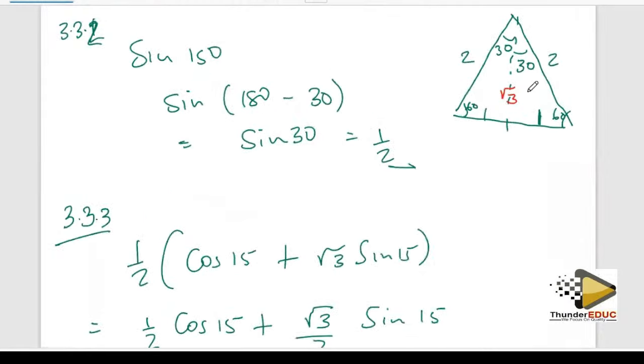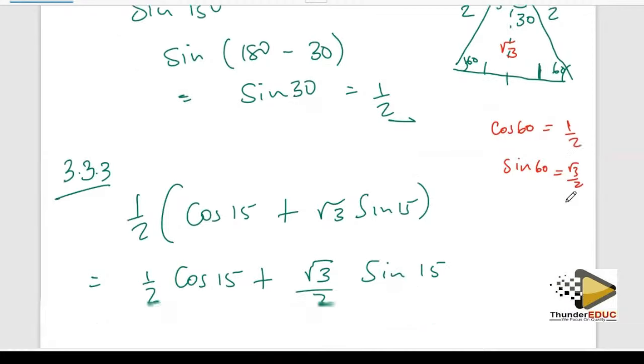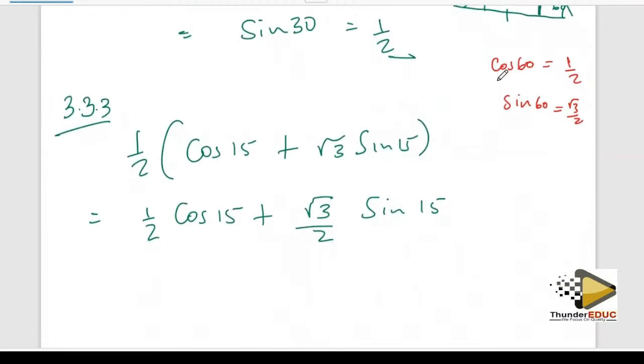If this is a root 3, I know that root 3 over 2 and a half... the cos of 60 is going to be 1 over 2, and the sine of 60 is going to give me root 3 over 2. So I'm going to use this triangle and this ratio. Where I see a half, I replace it with this; where I see root 3 over 2, I replace it with that.